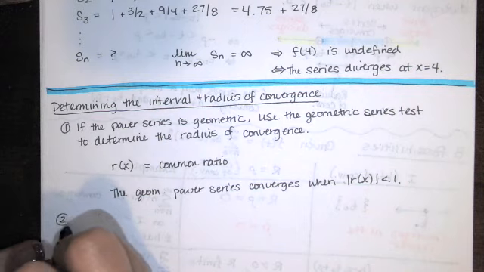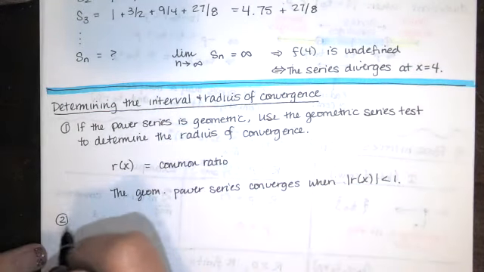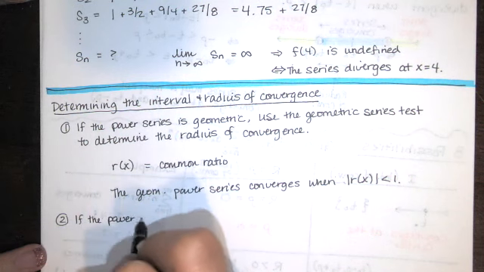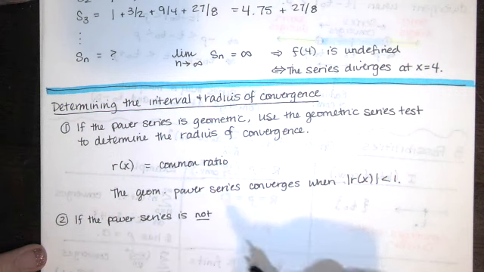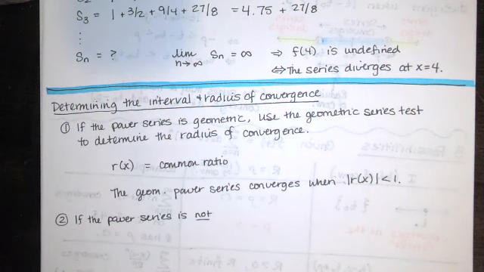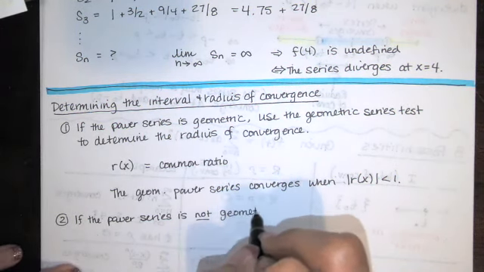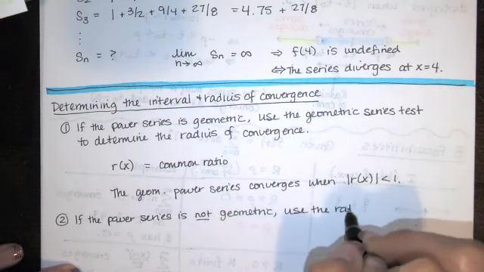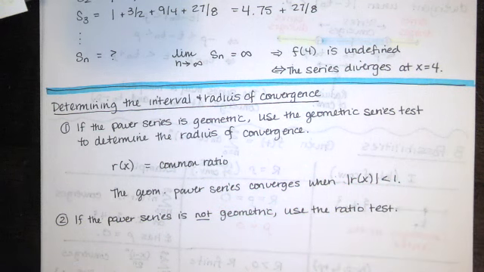Now, if the power series is not geometric, you don't get to use this shortcut. In that case, you would use the ratio test. And the ratio test will allow you to find both the interval and the radius of convergence.